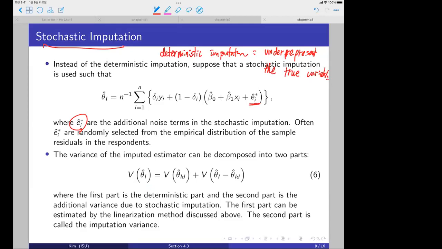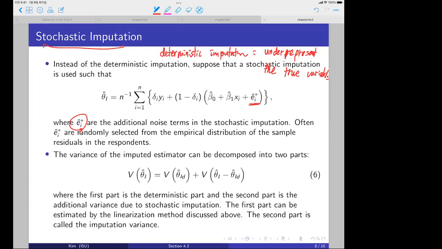The data has certain variability, right? And if you use the best predictor, you are doing smoothing, over-smoothing. So at the end of the day, your imputed data has less variability in the data file, which may be okay for estimating the mean, but not okay for estimating a proportion, for example.